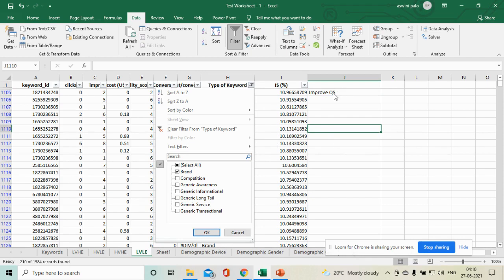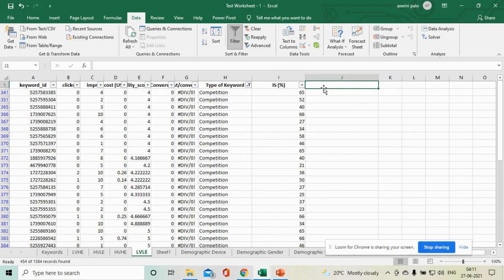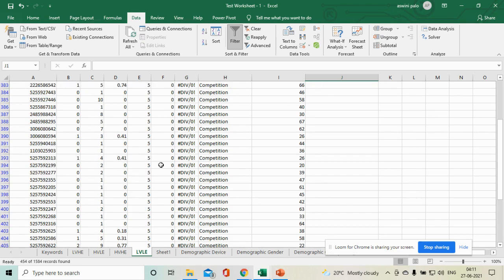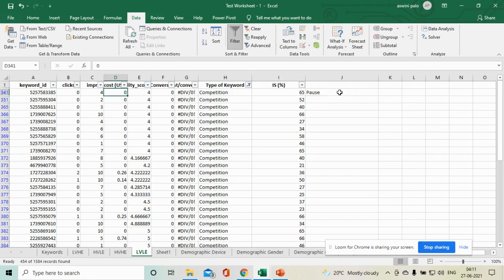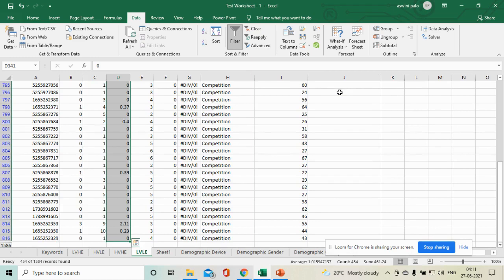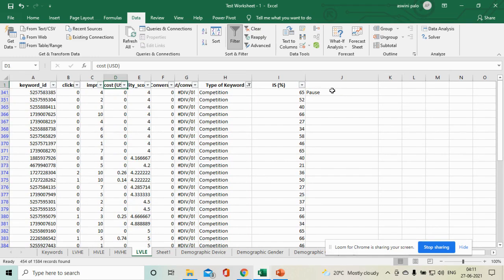First objective, improve quality score. Now come to competition. These keywords are not at all giving you any conversions. So the best way is to pause them. You can save a lot of money through this. If you sum it up, you can save $461 from it.